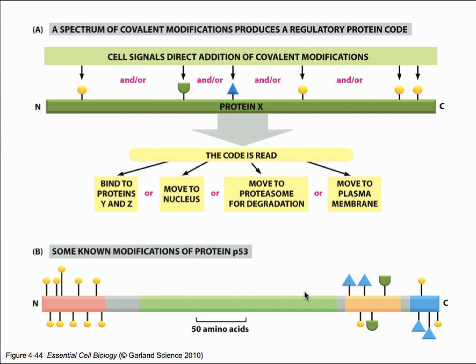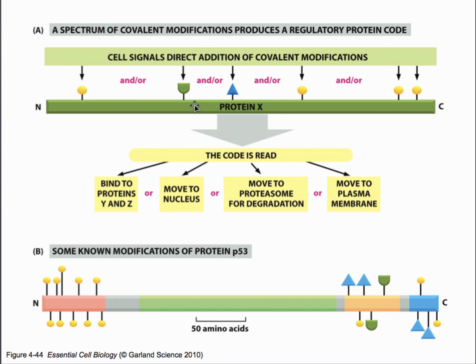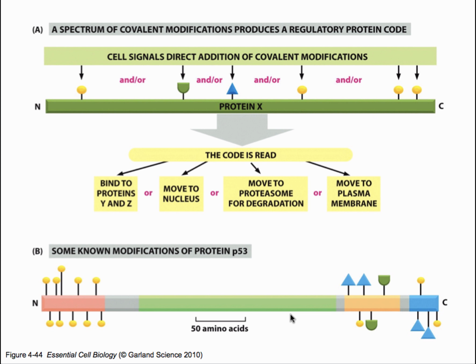For instance, protein X, shown here in dark green, can be covalently modified depending on the presence or absence of other signals within the cell at various residues along its length, influencing its behavior within that cell. As suggested here, there are mechanisms, some of which we're just beginning to discover, that permit the cell then to redirect that protein to an alternative outcome.